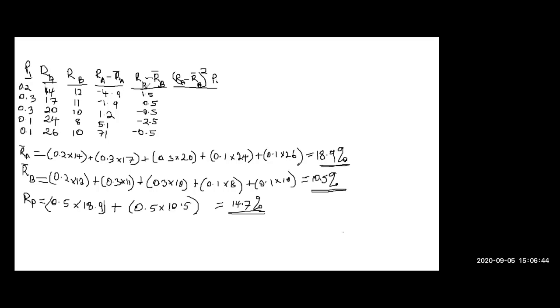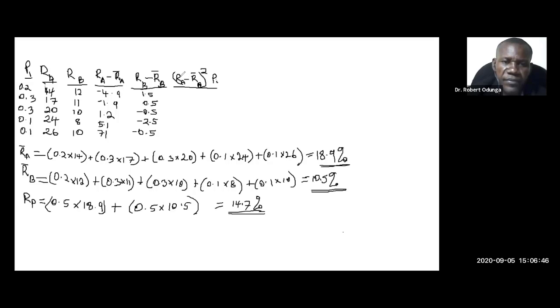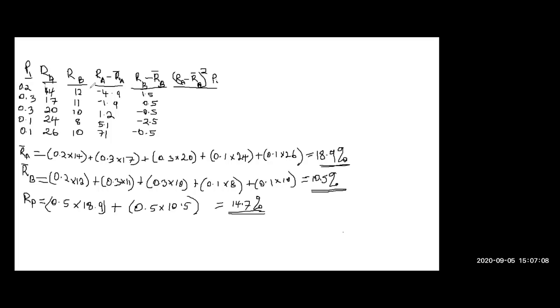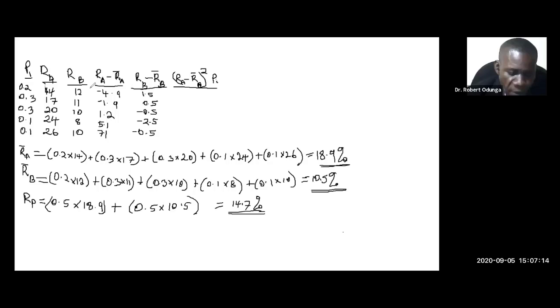You recall what we did yesterday? We are taking this minus this, all right? And when you take 14 minus this, you get that. So this figure, you square and then multiply by the probability. That's what I'm asking for. We already have negative 4.9.